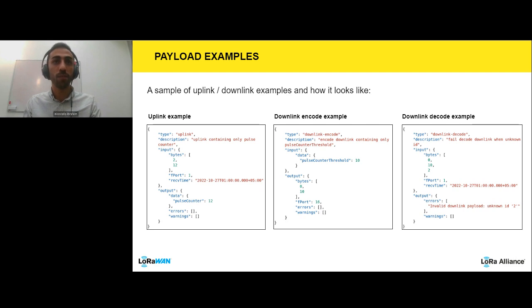So this is an example of errors also. The examples are not only giving the successful ones. You see here we are giving bytes and an F port, and the expected output will be invalid downlink payload, unknown ID. So here we give an example of how an error can be presented.